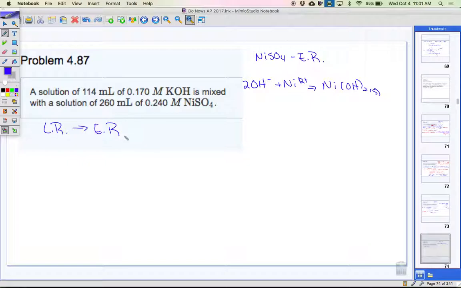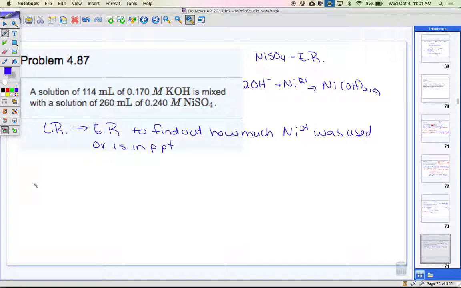You don't have to go to the precipitate, but to the excess reagent to find out how much nickel was used, or went into the precipitate. However much got used up with the hydroxide is what's in the precipitate. Do you want me to do it from scratch? The limiting reagent is the potassium hydroxide, moles of KOH.